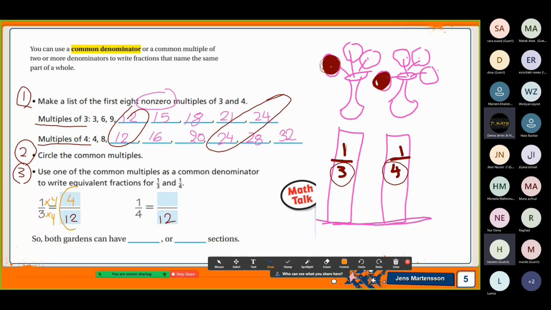The second one, how can I make 4 to be 12? Multiply by 3. So you have to multiply the numerator by 3. So 1 times 3 is? 3. So it will be now 3 over 12 and 4 over 12.